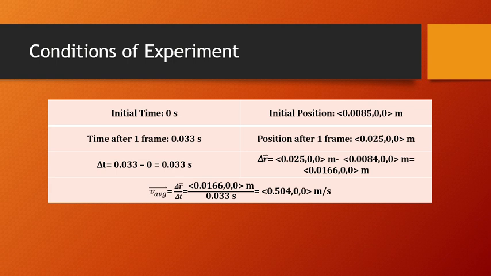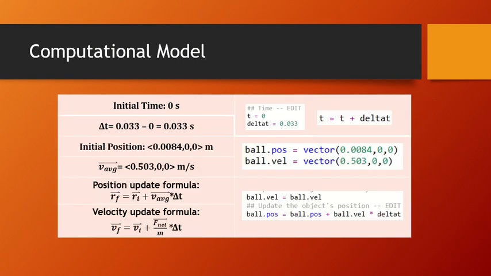So the displacement of each frame was 0.016600 meters. To calculate the velocity of the object through its motion, we needed to divide the displacement over the change in time, which got us the vector of 0.504400 meters per second.